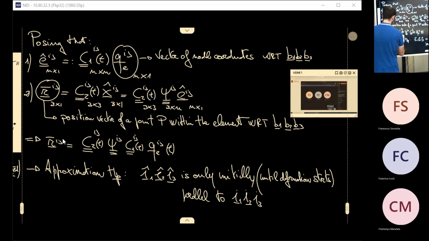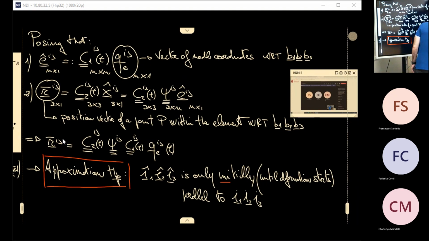This is very important. Why? Because initially, because as we have seen on Monday, this means that our two matrices, C1 and C2, are not function of time anymore.